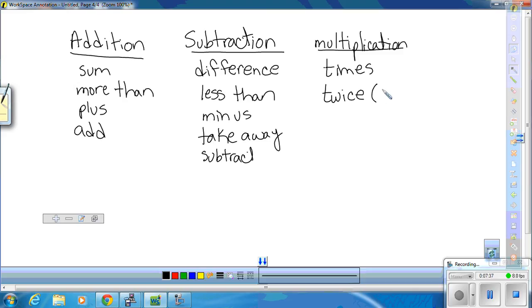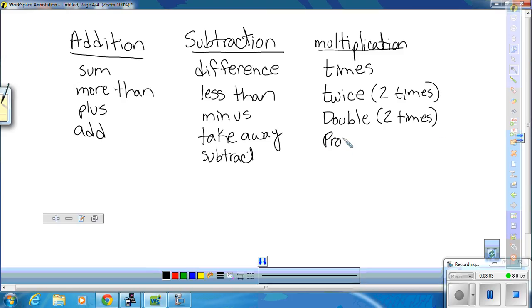Don't forget, twice means 2 times. So it is a word that hides the number and what's actually happening. So twice would be 2 times. So that's a multiplication one. Double. If you saw something like double, that would also mean 2 times. So some of the words can even hide the number and what you're supposed to do with it.